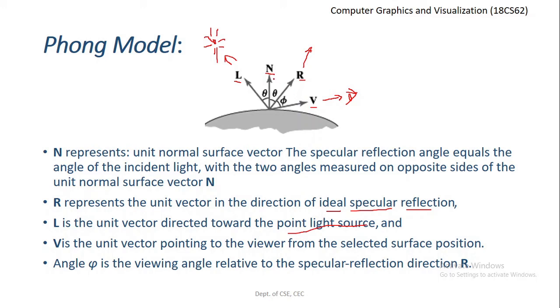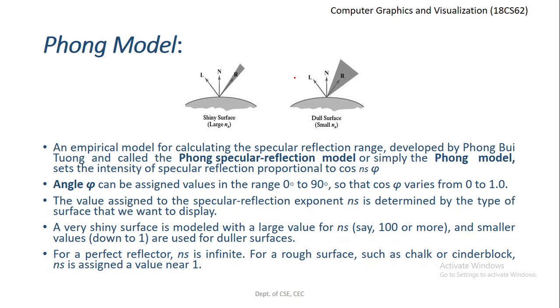Remember, the angle between the surface normal vector n and the unit reflection vector r is theta, which is also the angle between the vector n and vector L. The angle between the vector r, which is the reflection vector, and the vector v will be phi, which is also called the viewing angle, which is the viewing angle relative to the specular reflection direction.